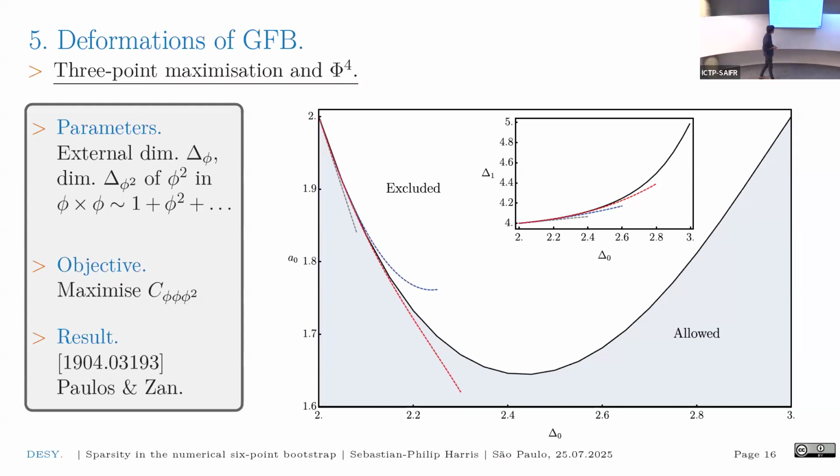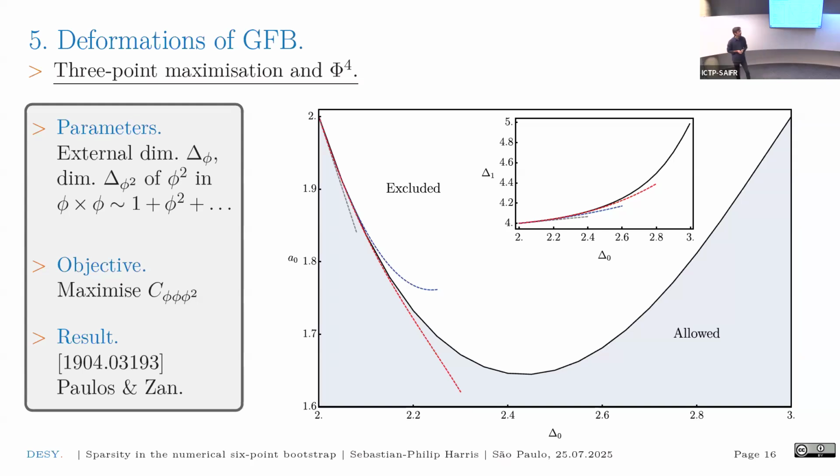And you can even go one step further and give some meaning to the interpolation by looking at perturbation theory around the generalized free boson, the massive free boson in AdS2, where you can compute how the dimension of this delta phi squared should change, and how the OPE coefficient should change as you turn on the phi to the 4 deformation, and you find that it matches essentially the bound.